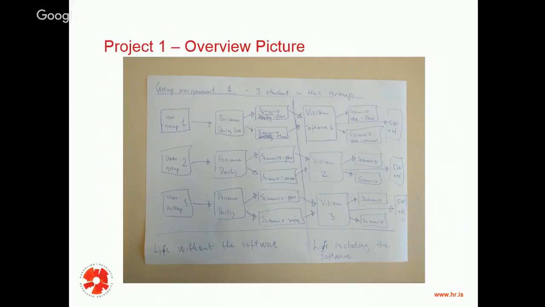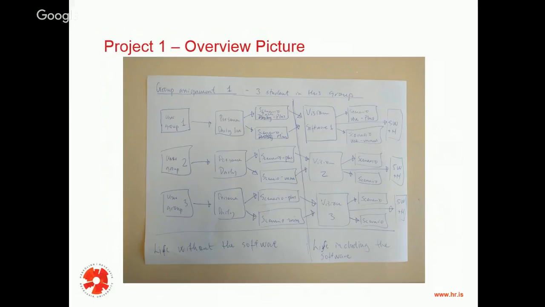So you want to suggest some software for each user group. The whole picture here is drawn for a group of three students, so that's why you have three user groups. If you're four, you have four. So you suggest one.